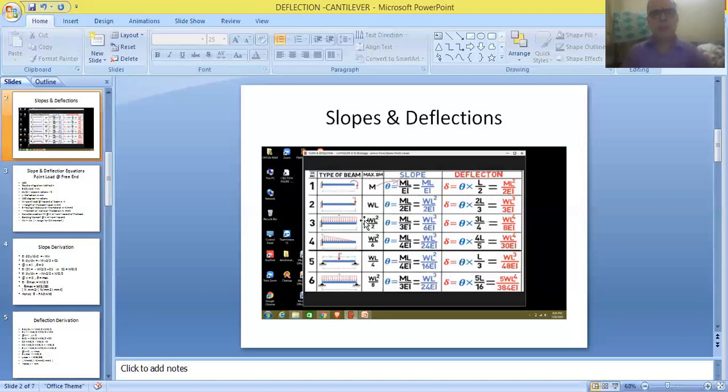So we have noted down the slope and deflection values for point loads, and also for uniformly distributed load acting on the cantilever.